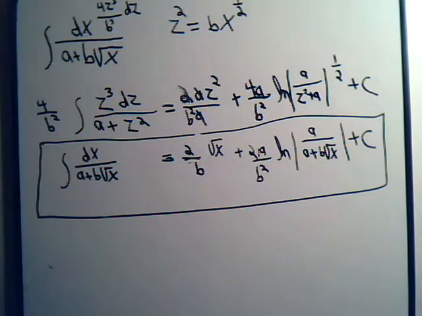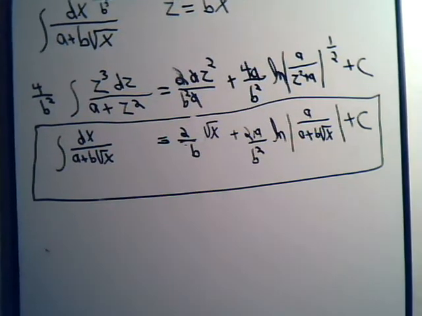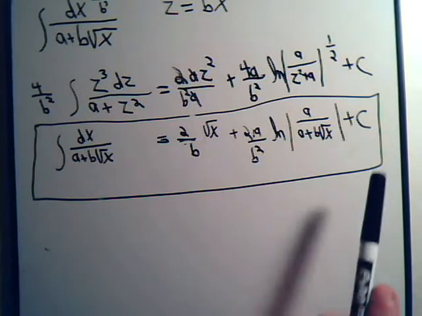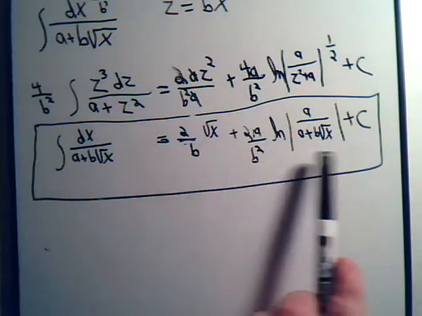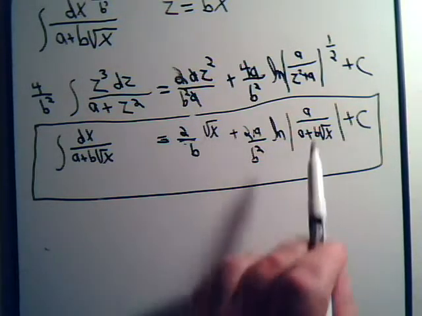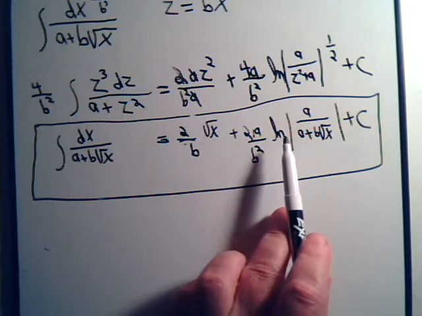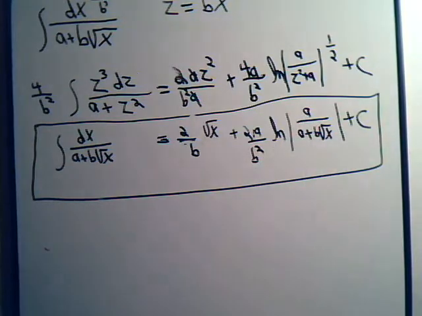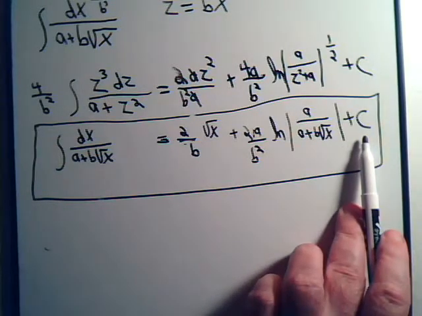And because of the property of logarithms, and because this is an arbitrary constant, we might be able to simplify this. If this was in the bottom here, then we have the natural log of this minus the natural log of a, which is a constant, and here we have a constant.